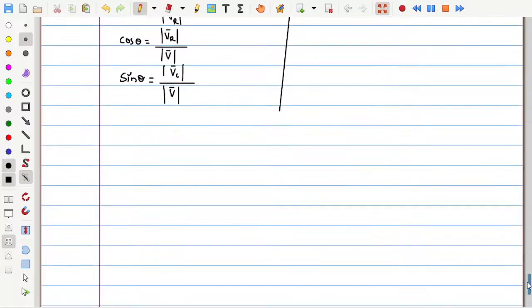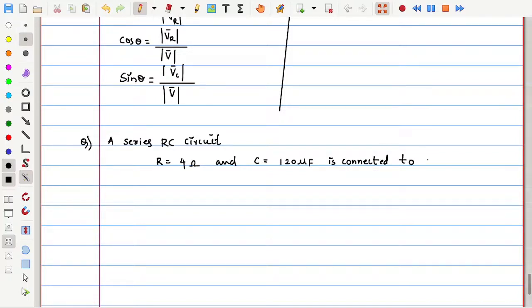Let me take a series RC circuit having resistance R equal to 4 ohms and capacitance C equal to 120 microfarad, connected to a 230 volts 50 hertz single phase AC supply.